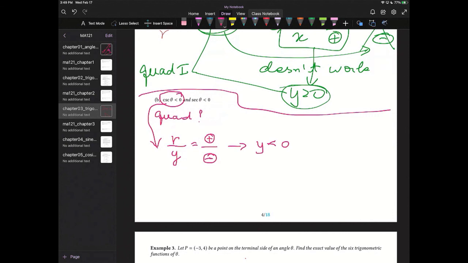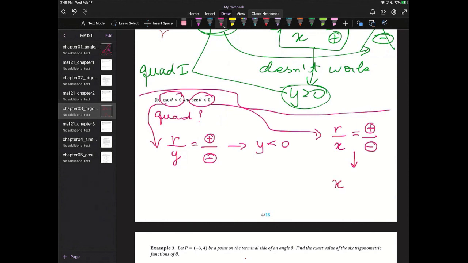Now, using the other piece of information, which is secant, the reciprocal of cosine, which is x over r, if you flip it you have r over x. Again, the top of my fraction is always going to be a positive number because r is always positive. And the result of the fraction is negative because the bottom number has to be negative. So that's how I get the whole fraction to be a negative number.